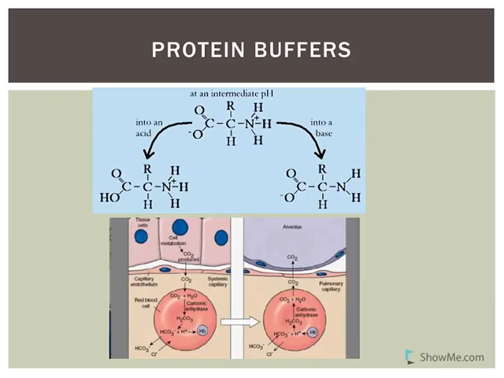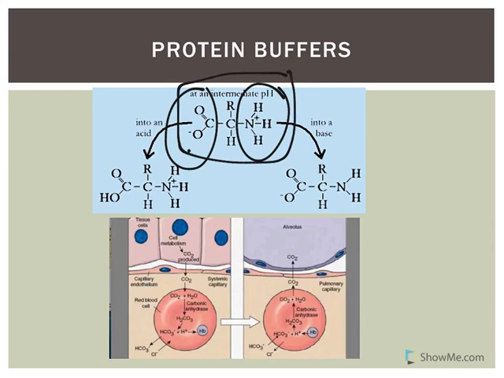Proteins are made up of a number of different amino acids, and at one end of the protein we have a carboxyl group, and at the other end we have an amino group. What you see here is what we tend to see at physiologic pH: the carboxyl group has dissociated and the hydrogen ion has been released, and you see the charge like this. The amino group has picked up a proton, so it's positively charged.